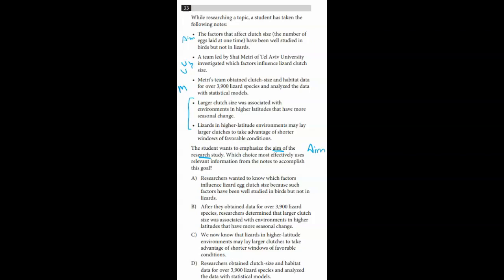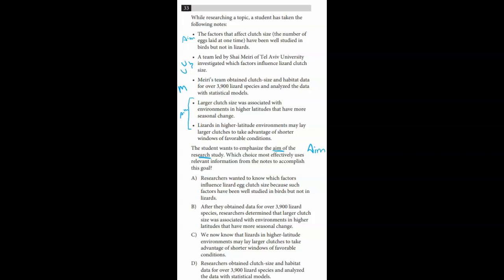They're trying to figure out whether high latitudes affect clutch size in eggs and lizards. And maybe that's the aim. Maybe we just have to infer it. But let's look at the answer choices and then maybe we can piece it together.